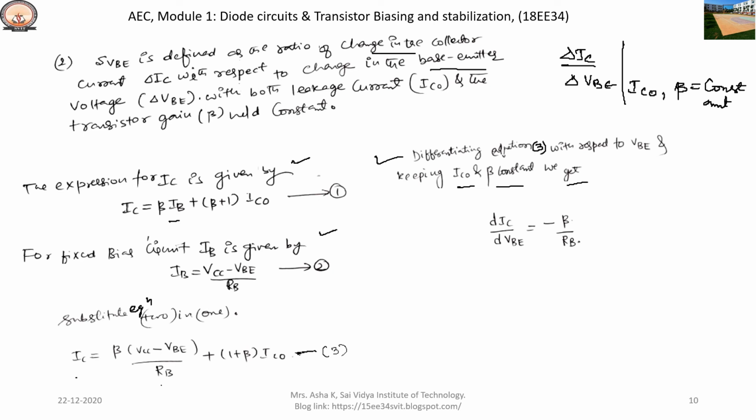Since we have here ICO and beta constant, this gives us 0, and when we are differentiating IC with respect to VBE, we are going to get minus beta by RB into delta VBE by delta VBE, that will be equal to 1. Hence, the stability factor SVBE is equal to minus beta divided by RB.